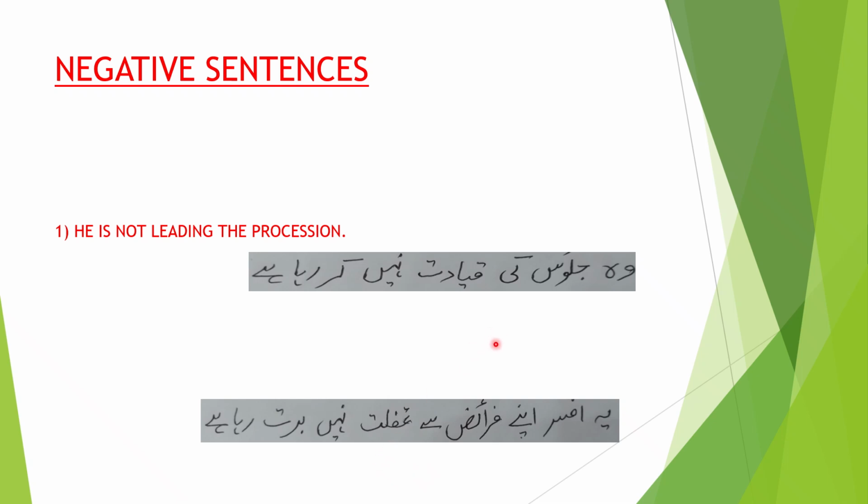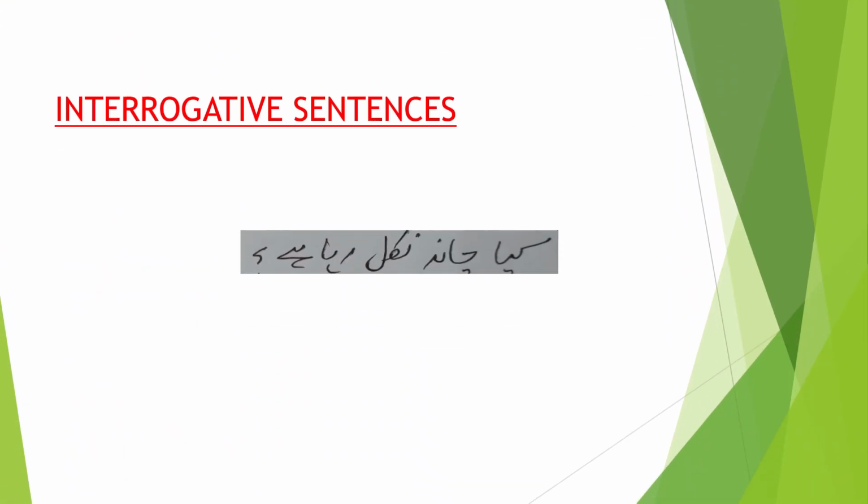Let's apply the rules. The sentence will become this officer is not neglecting his duties. Nahi barat raha hai, not neglecting, apne faraiz, his duties. Alright students, I hope you are following it.